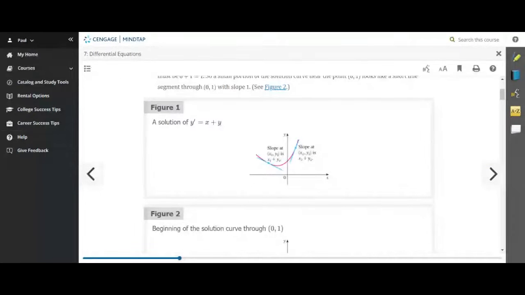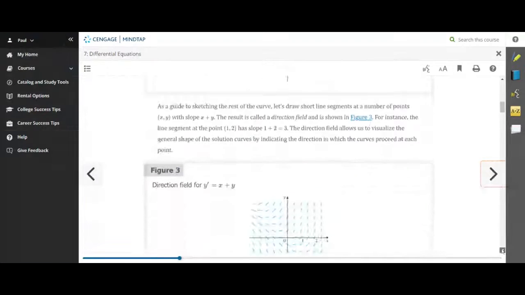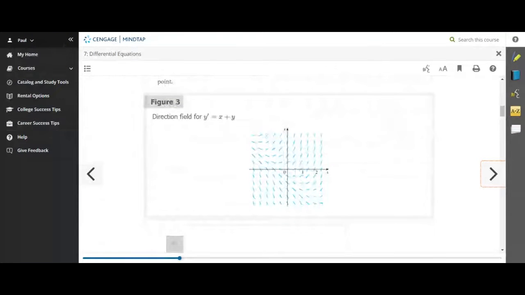Okay, so there in figure 1, I want to show this the right way. In this problem, they have the differential equation y prime equals x plus y. In figure 3, they have the direction field for that equation.